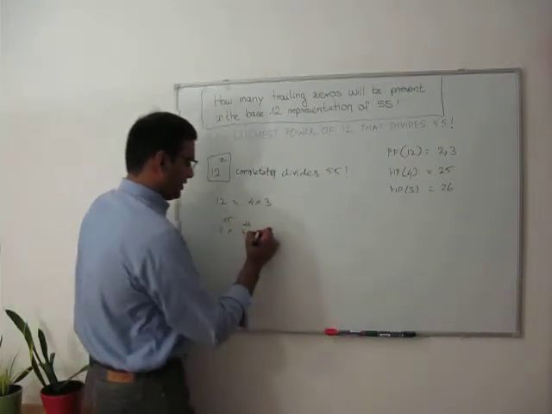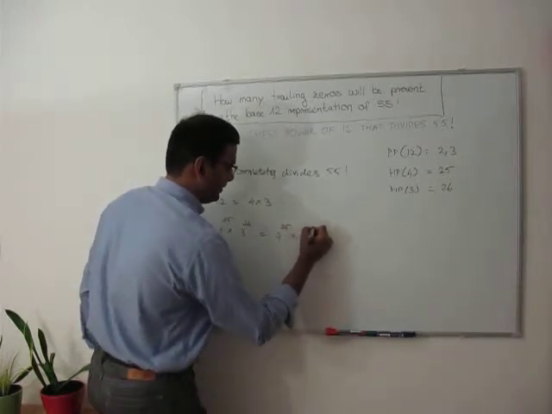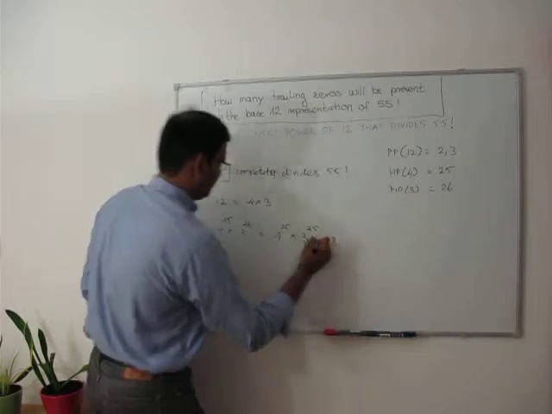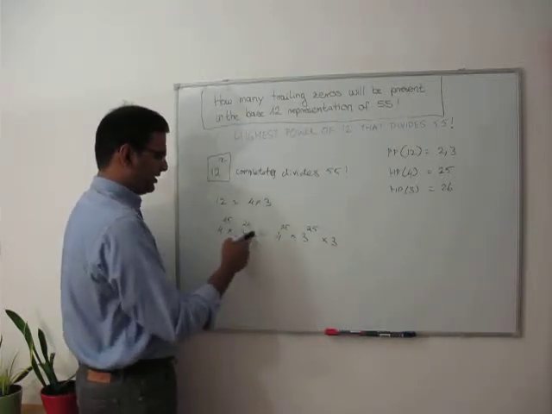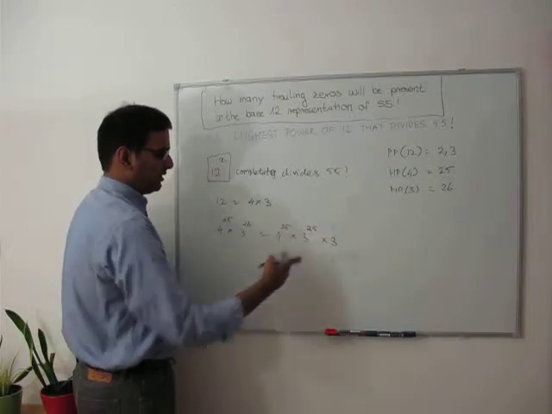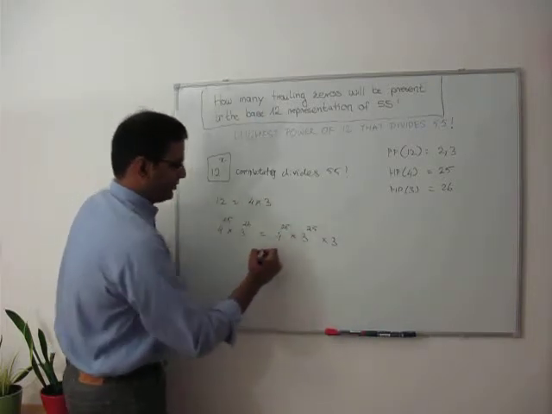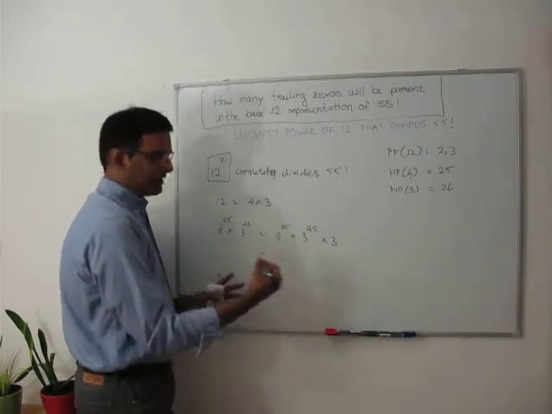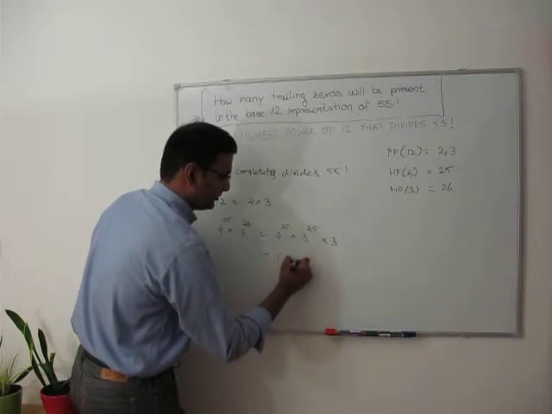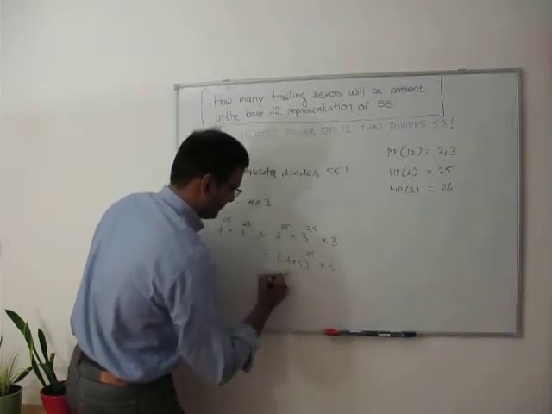So we could rewrite it as 4 power 25 times 3 power 25 times 3. What we have done is we have taken one 3 out and made it a common exponent. In the law of exponents we know that when two numbers have the same exponent, we could aggregate them together. So this becomes 4 times 3 power 25 times 3.